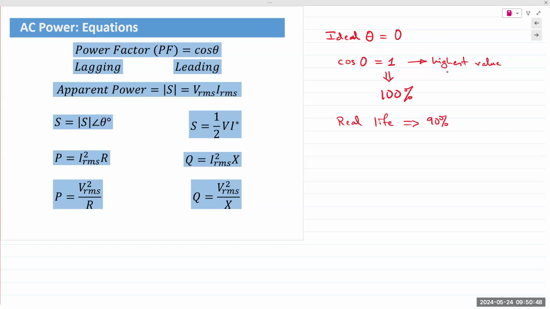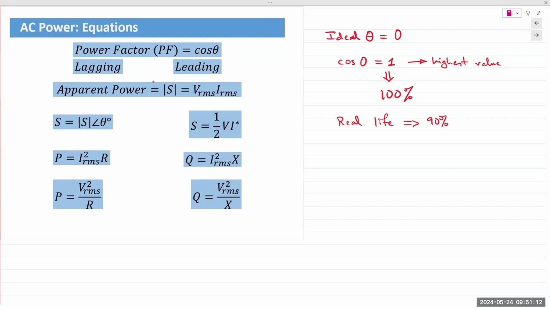Okay, so let's look at the other equations here. Cosine of theta, power factor, is also described as lagging or leading. The reference is the voltage, and we talk about whether the current lags or leads.